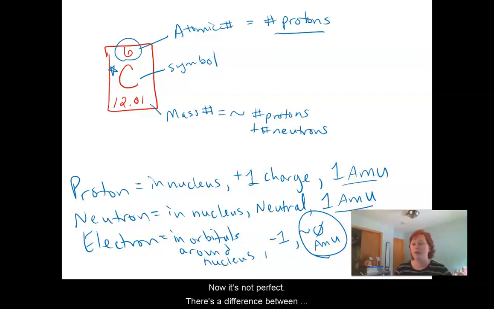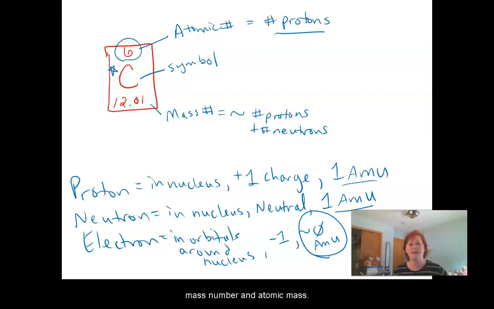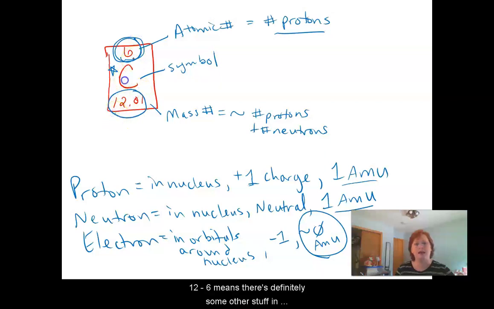Now, it's not perfect. There's a difference between mass number and atomic mass. If you want to know the difference and get into the details, you're going to have to take a chemistry class. Because remember, not a chemist. We're going to keep this really simple. What we know then, though, is that if I have 6 protons in an atom of carbon and a mass of 12, well, 12 minus 6 means there's definitely some other stuff in that nucleus, so there are definitely some neutrons in there.